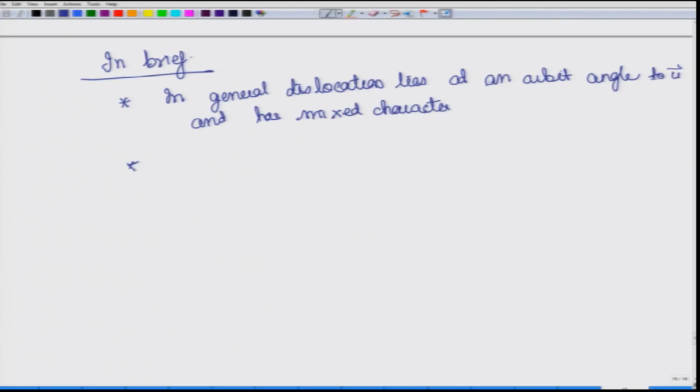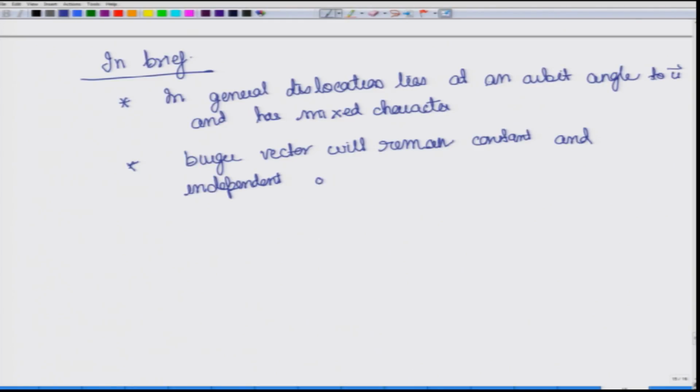Another important aspect is that the Burgers vector will remain constant and independent of position and orientation. So, these are the two important gists of what we have understood about dislocations so far.